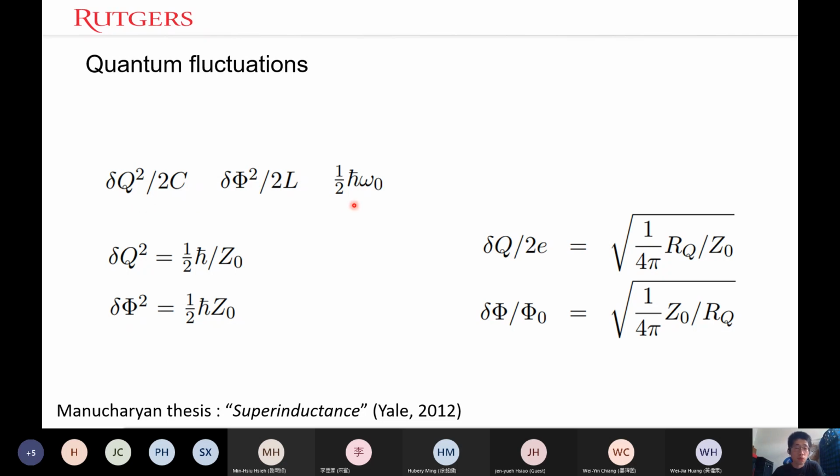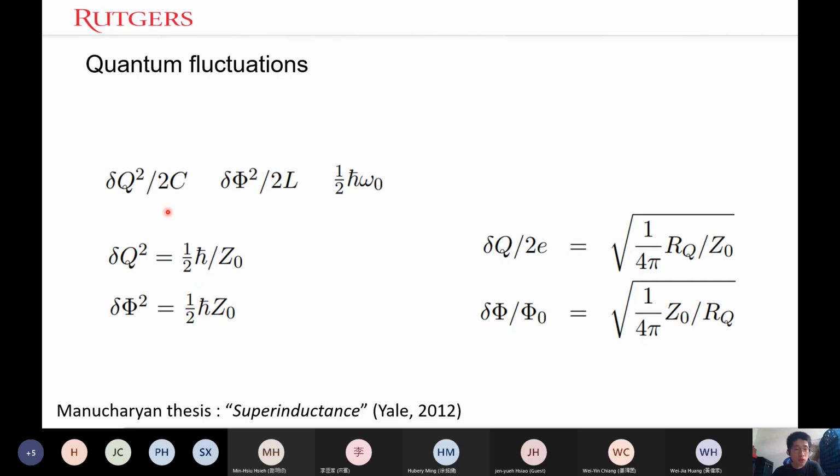At the minimum they equal the zero-point energy, the half quanta energy of a photon.